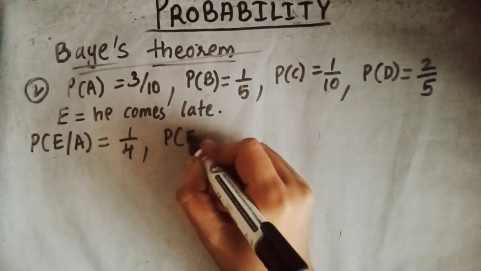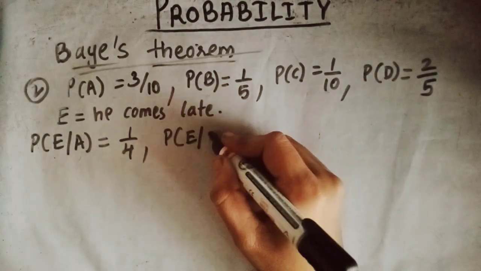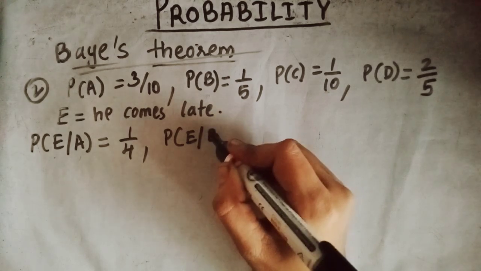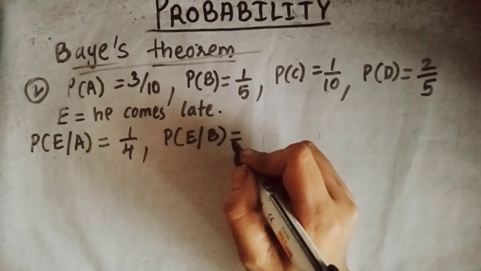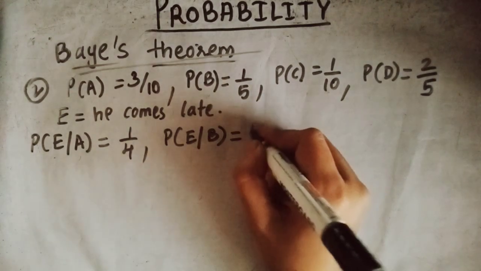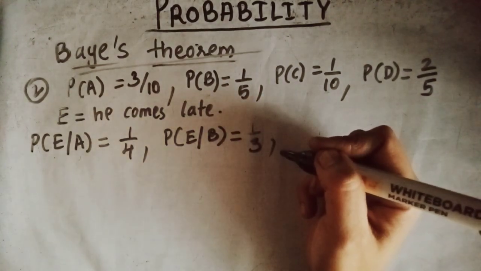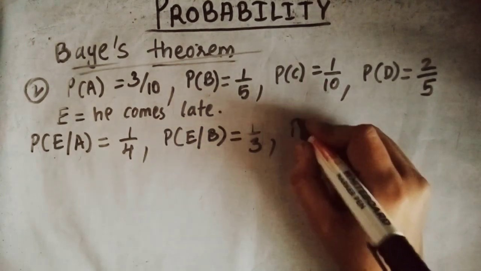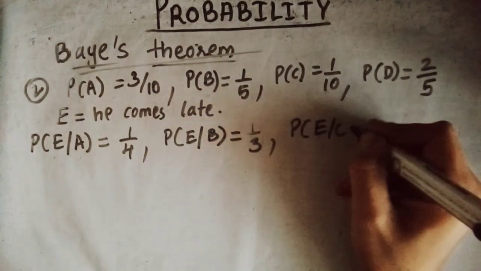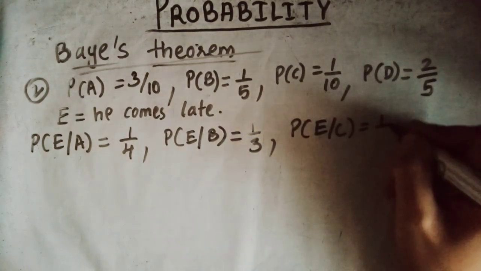Then he is late and he is coming by bus. So this becomes 1 by 3. And the last one is scooter, that is P of E over C is 1 by 12.